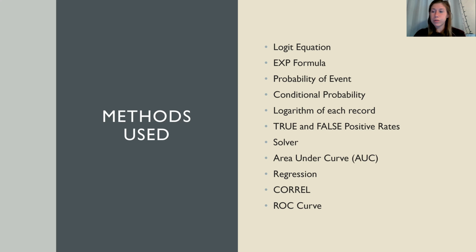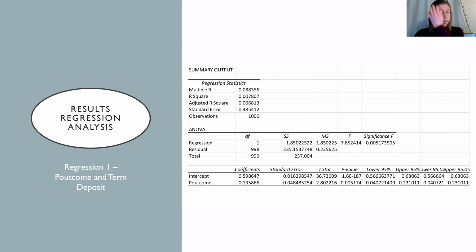And I will use the correlation function on Excel to examine the correlation between variables. Finally, I will insert a graphical plot of the ROC curve to illustrate the diagnostic ability of a binary classification system. And that's the majority of the functions and formulas that I used on this project.